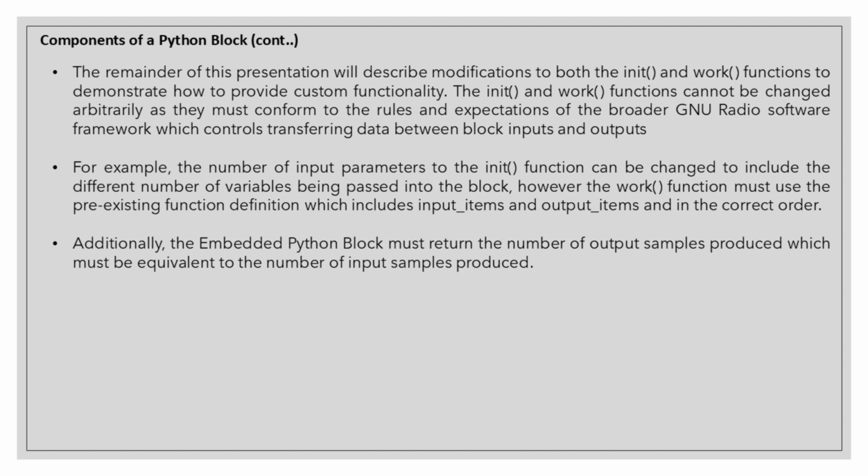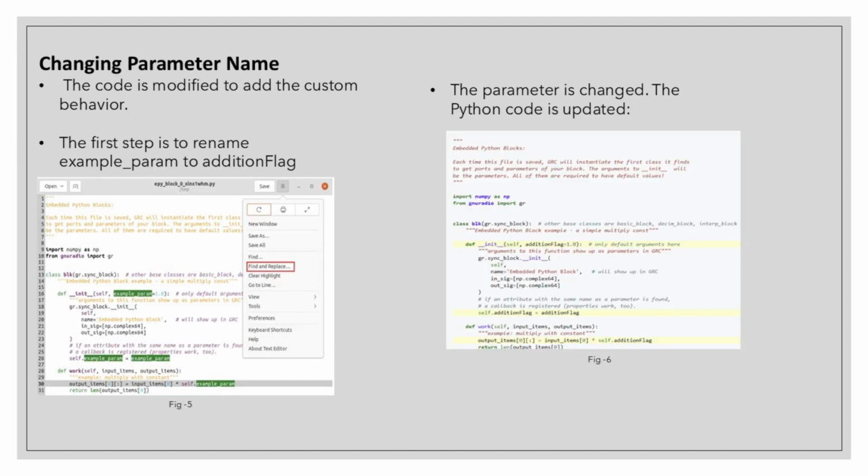For example, the number of input parameters to the init function can be changed to include the different number of variables being passed into the block. However, the work function must use the pre-existing function definition, which includes input_items and output_items, and in the correct order. Additionally, the embedded Python block must return the number of output samples produced, which must be equivalent to the number of input samples produced.